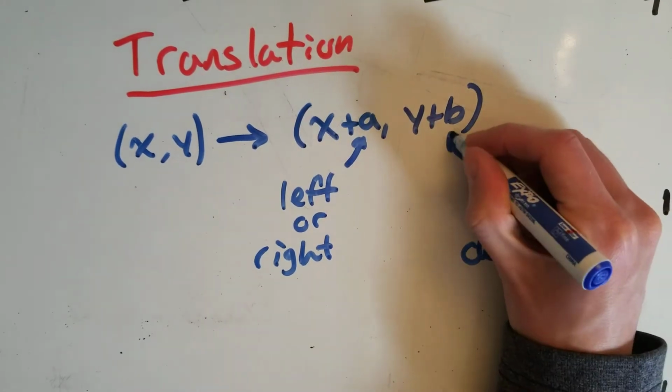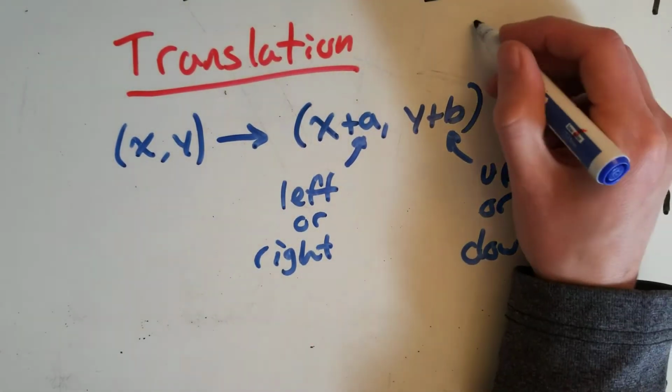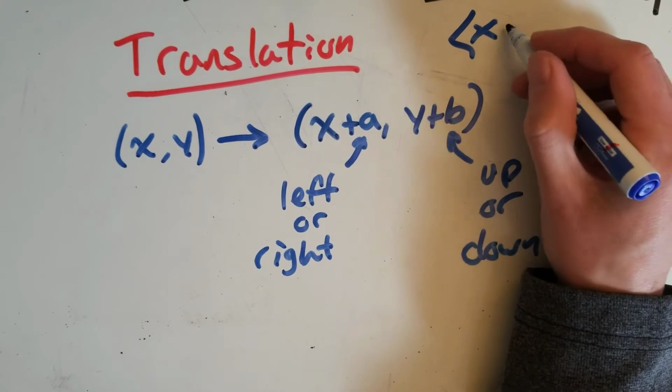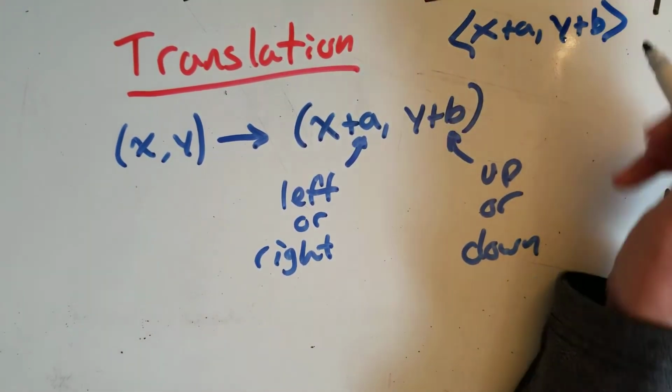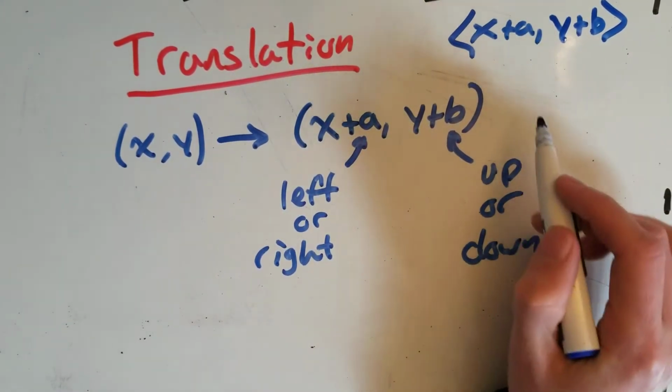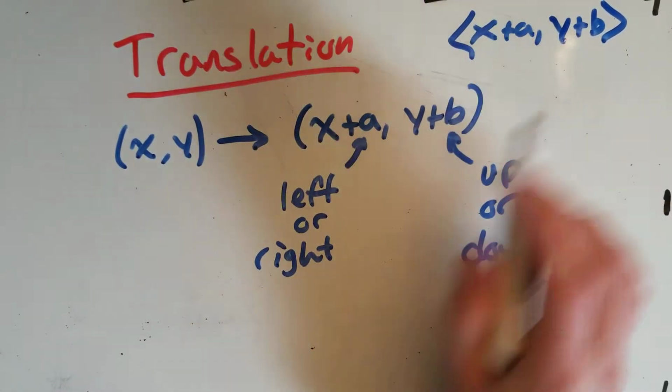When we see this notation here, you may also see it like this with these special, we call these vectors, translation vectors. You could see either way. This just indicates how much you're changing in the horizontal direction and the vertical direction.